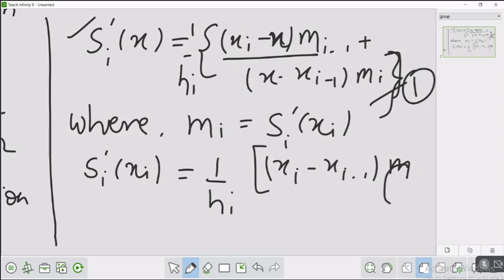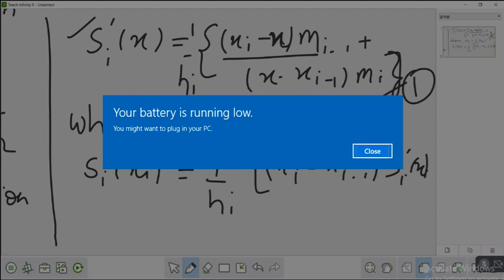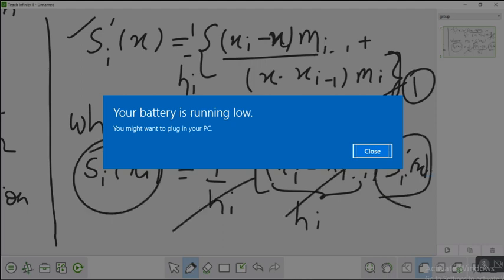What is mi? Mi was S'(xi), and this thing we already know, we have defined it to be hi. So we are left with what we started with. So the definition is consistent. This is what I wanted to show.